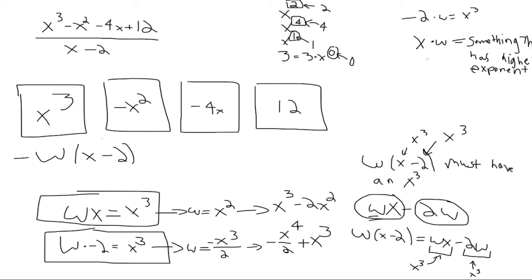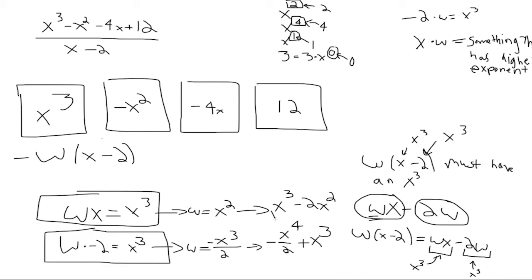So it has a higher exponent than x cubed, which was the result of negative 2 multiplying by w. If we do this, we result in something with a higher exponent.